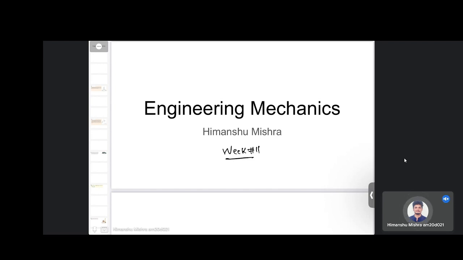I will not go into detail, just a basic revision of the concept, and then we will start solving questions in this tutorial. In this tutorial we will be solving questions related to kinetics problems, where we will be associating the dynamical variables like force and moment with the kinematic variables like acceleration and velocity and so on.